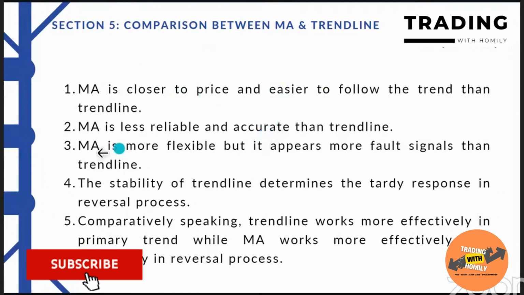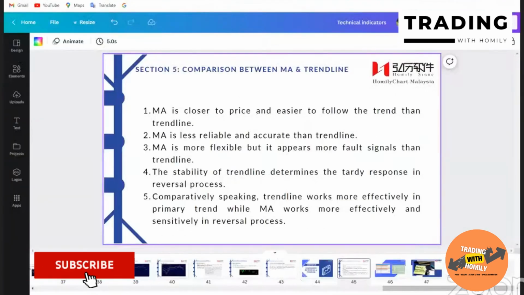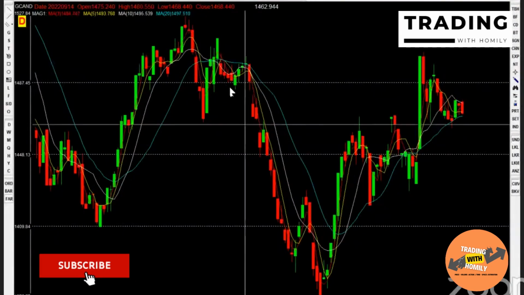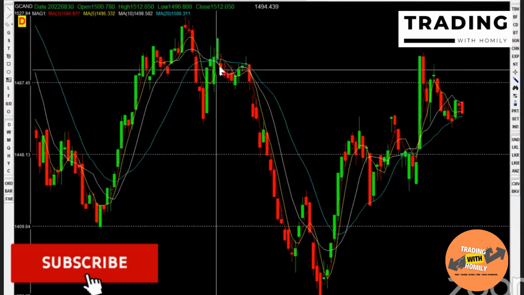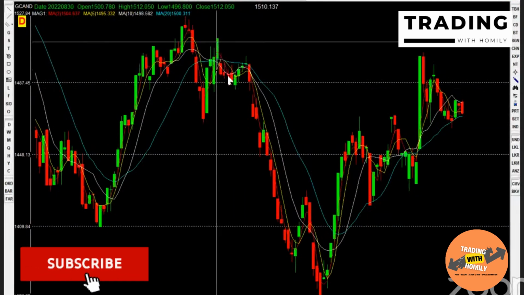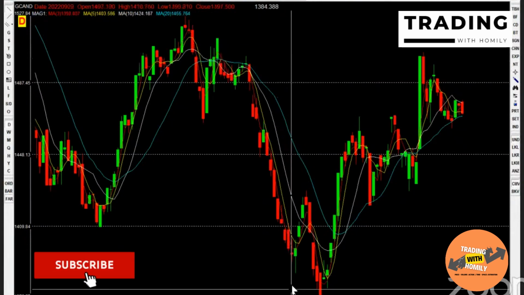The second, MA is less reliable and accurate than trend line. Because the MA follows the price, just now I mentioned. For example, just now we see here, if the stock price is going up, then the MA line will go up also. If the stock price is going up, going down, then the MA line will follow the stock price also.